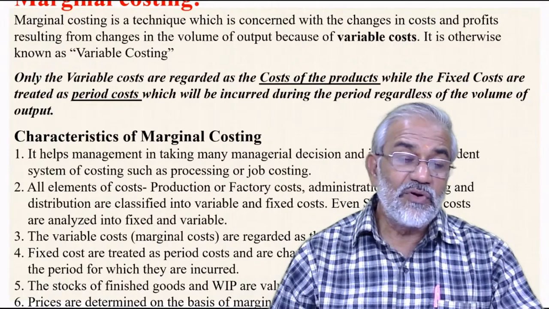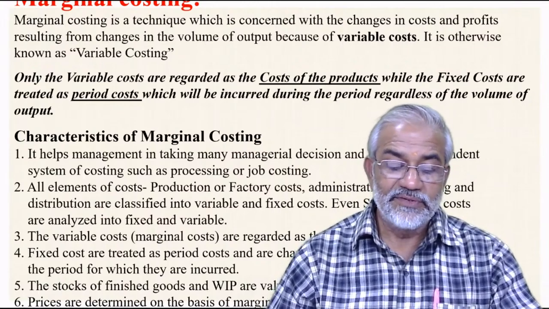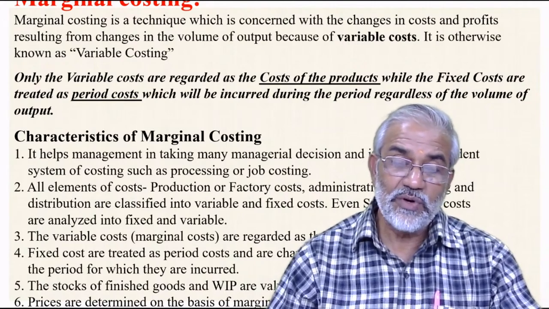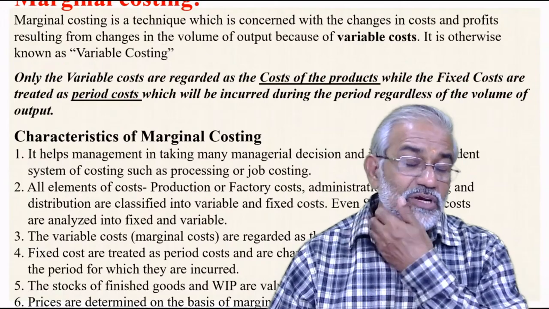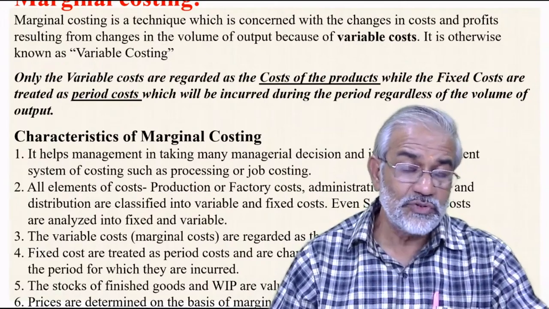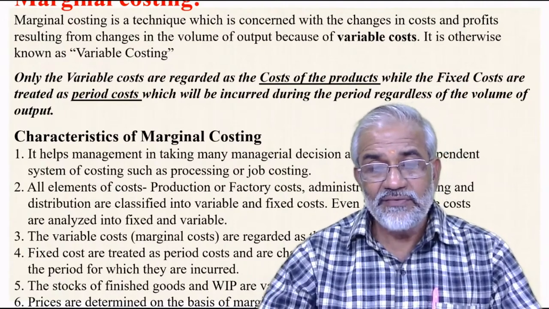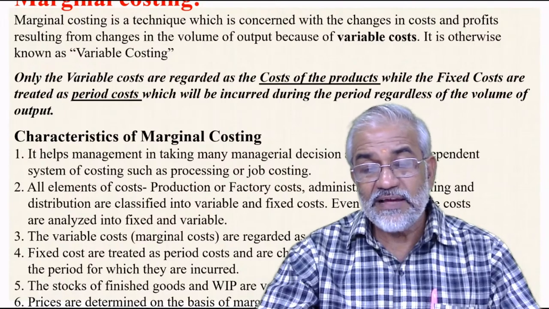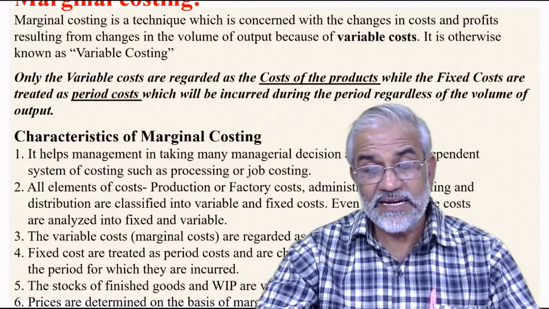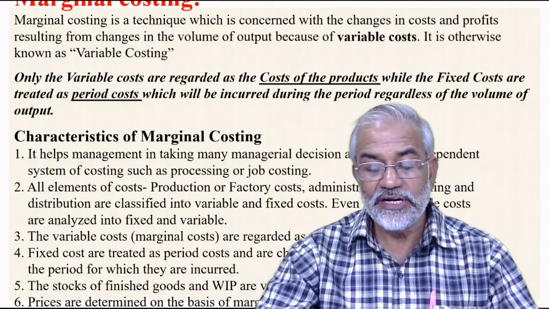But the variable cost ought to vary with the volume of production. When you are producing 75 units, the variable cost per unit was 8. The variable cost per unit will remain the same if we are producing an additional 50 cups of coffee also. So if we accept the offer of producing an extra 50 cups of coffee, the extra variable cost would be 50 into 8, that means 400 rupees.